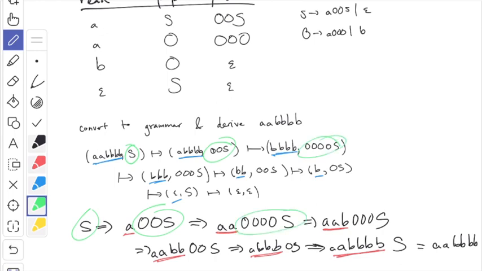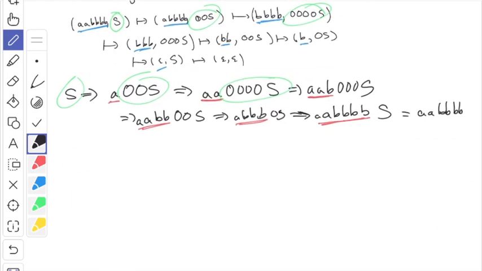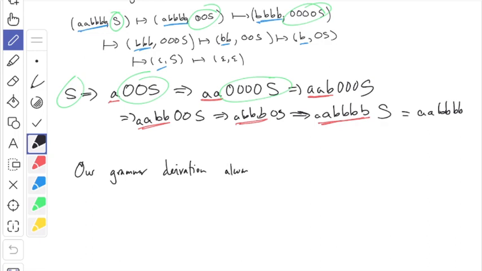So what you see here in the grammar derivation, I'm trying to explain to you why these are actually equivalent under the hood. They look kind of crazy, but they are actually doing the same thing. Our grammar derivation you can kind of break into two parts. There's the red part and the green part, as I color coded them above, right?